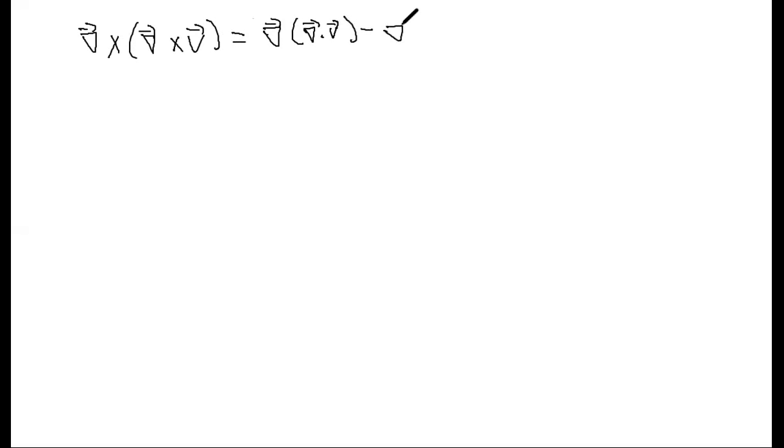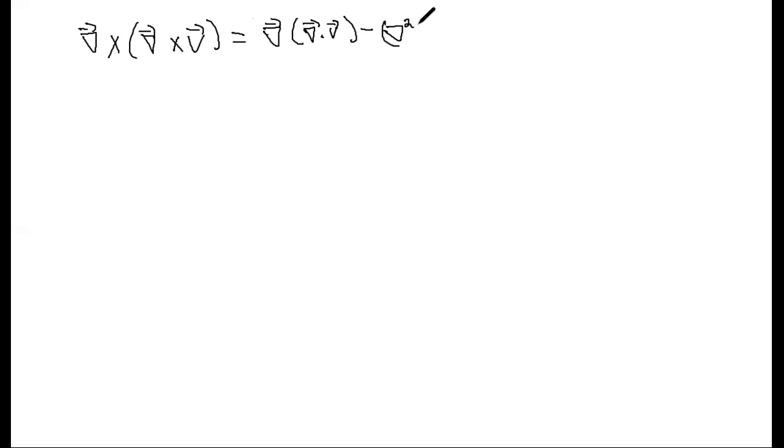Okay, so before I get too far into this, I need to remind you of a vector identity that hopefully you learned in Calc 3, namely the curl of the curl of a vector V equals the gradient of the divergence minus the gradient squared.